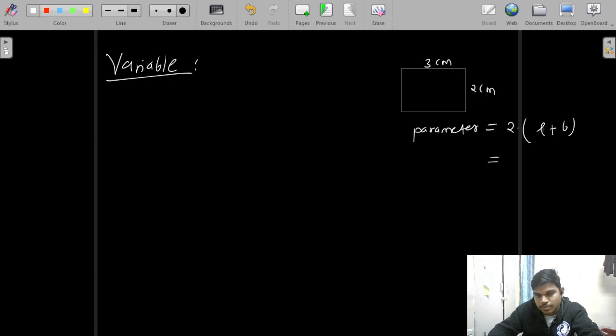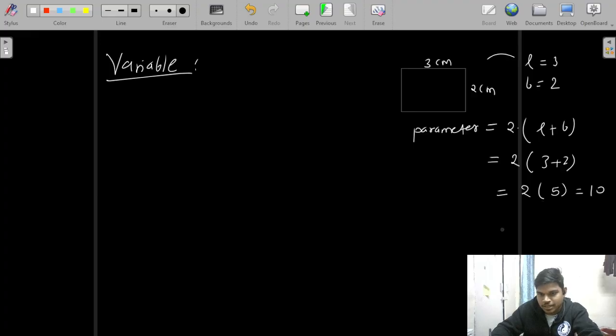In this case, length is 3, width is 2. So just put the values in the formula: 3 plus 2 is 5, and 5 into 2 is 10. So your perimeter is 10 centimeter, right?